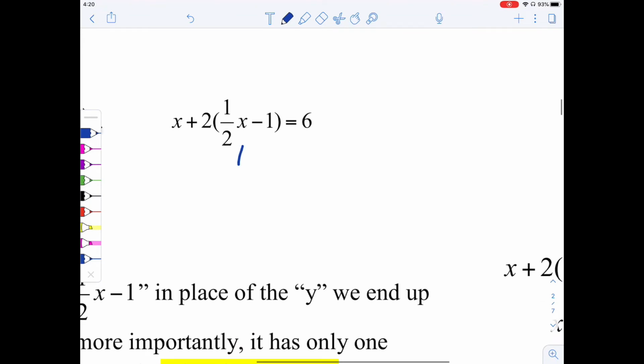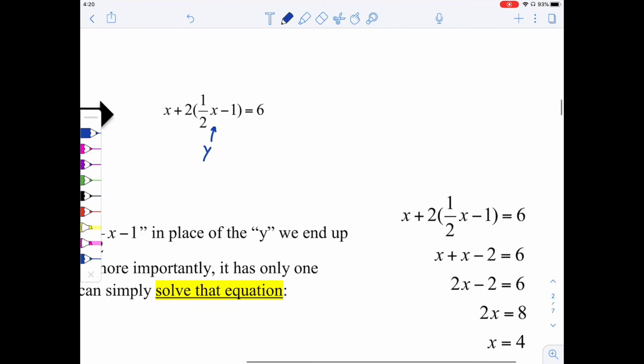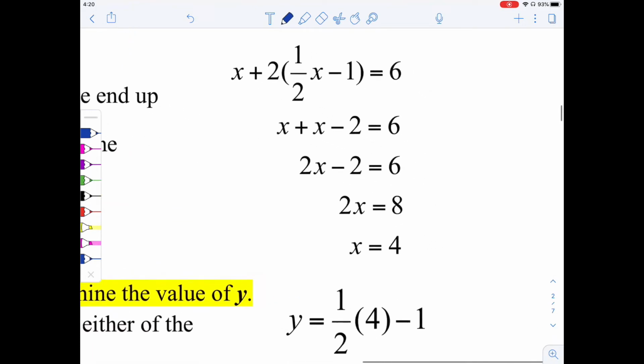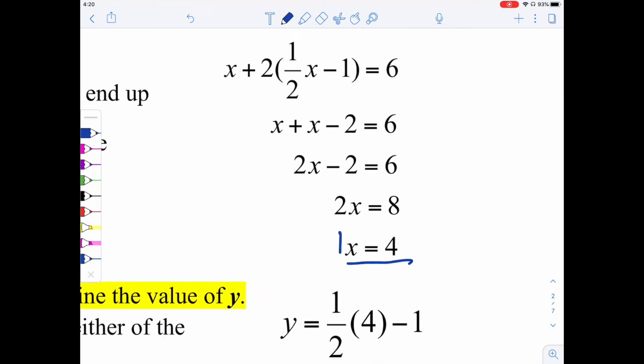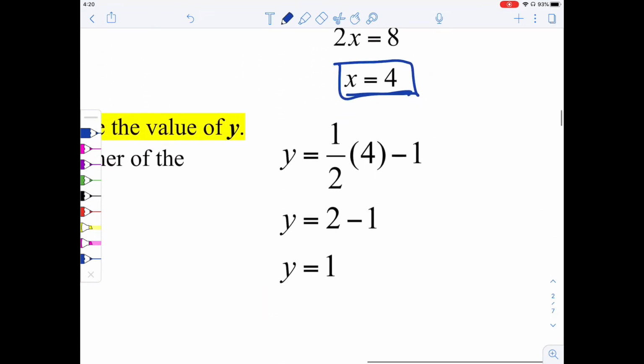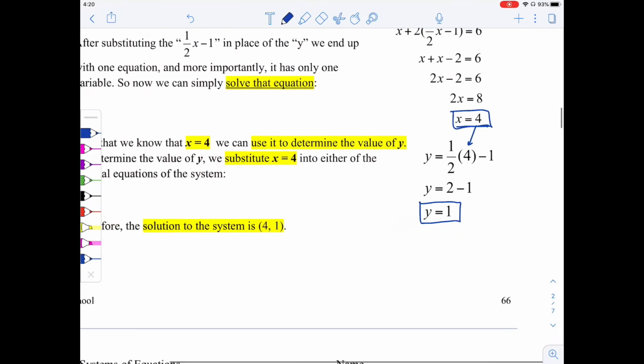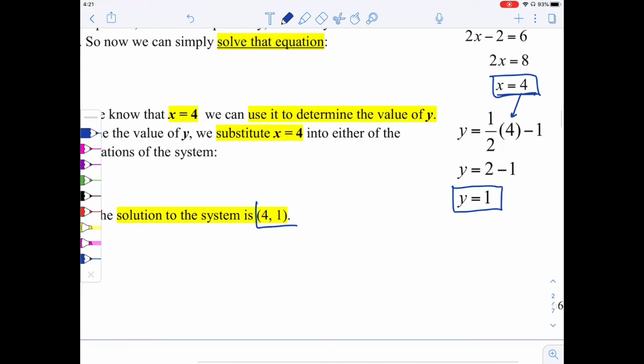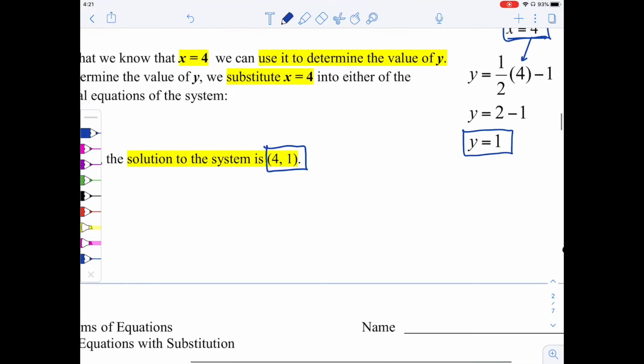We calculate it out and get x equals 4. Then we substitute that into the next equation, and we end up with y equals 1. And that's our ordered pair solution: (4, 1).